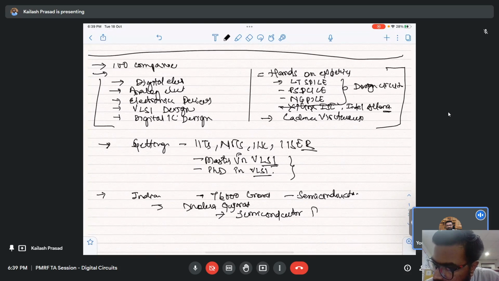Semiconductor fabrication facility, right? After that, please note that the demand for VLSI engineers will exponentially increase, right? Because we require such highly skilled engineers. So this is high time to consider this field. If you guys are interested, this is the high time to consider this field, right?